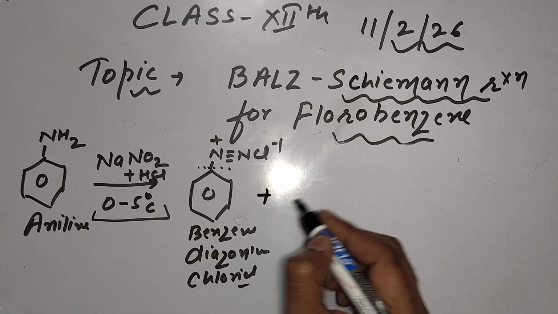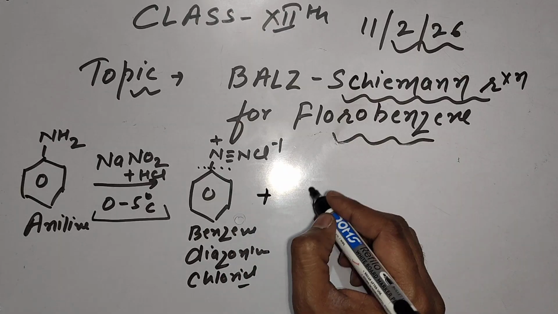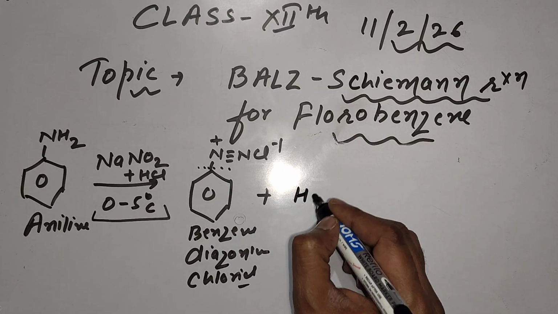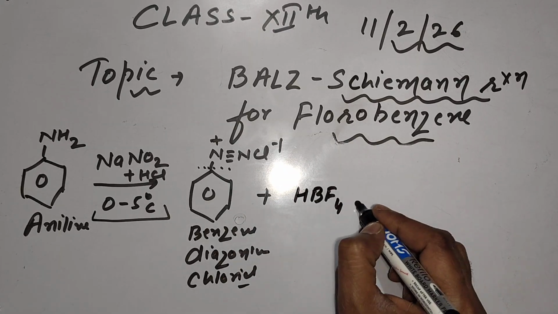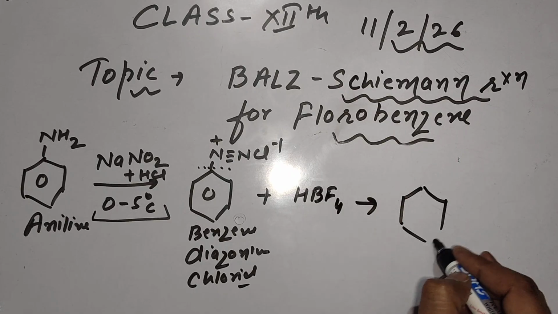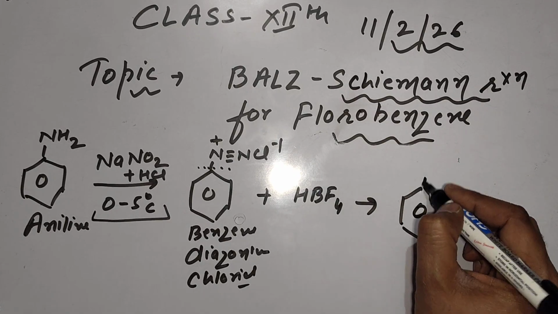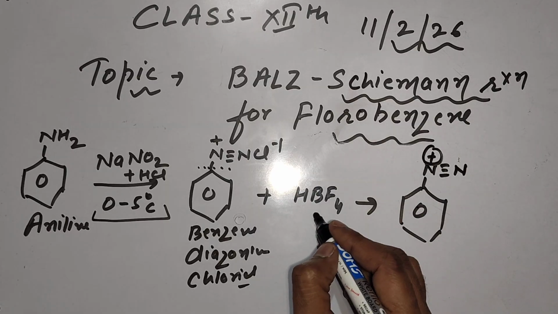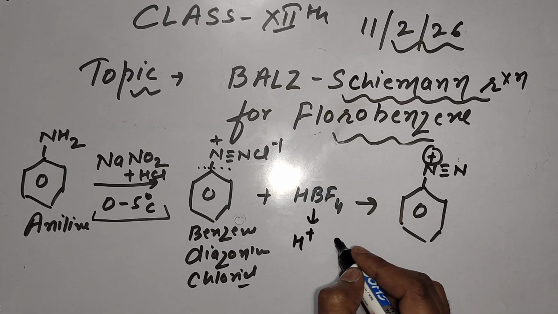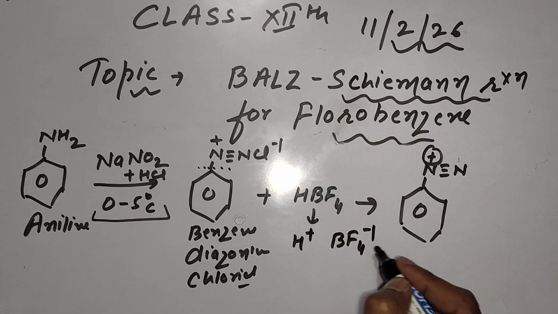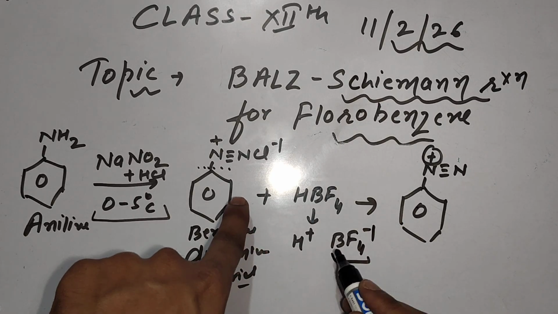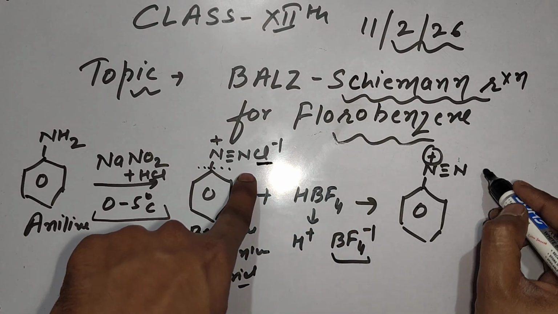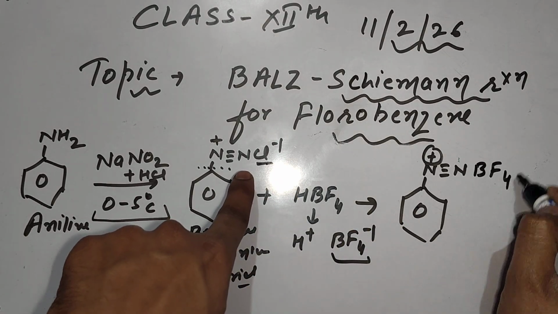Now, that molecule is going to react with fluoroboric acid, HBF4, and will turn itself to this molecule. In fluoroboric acid, H positive, BF4 negative is there. So this negative particle, this nucleophile, is going to substitute this nucleophile and will turn itself to this one.